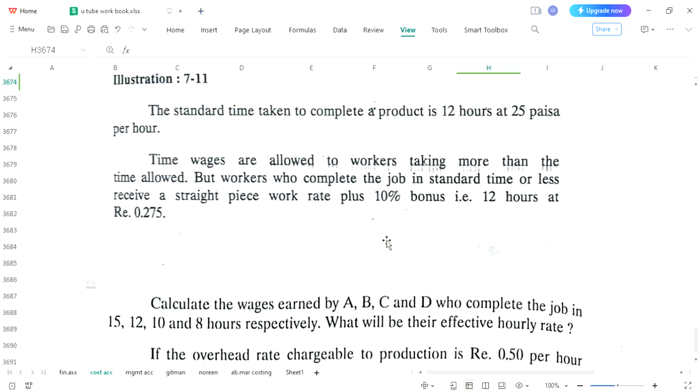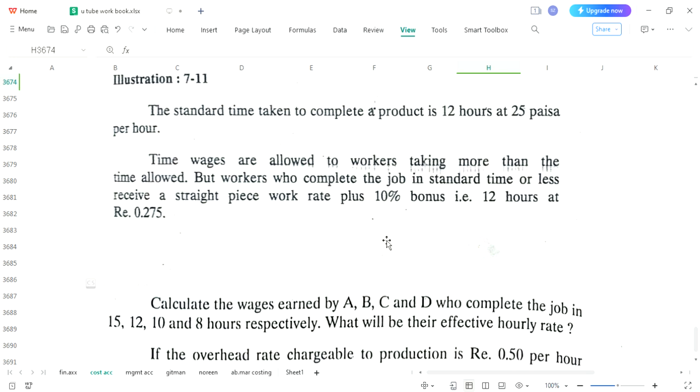A worker working according to instructions and producing more units than standard gets a bonus. A worker who is not acting according to instructions, and is not producing more units than standard, is not eligible for any extra financial benefit.